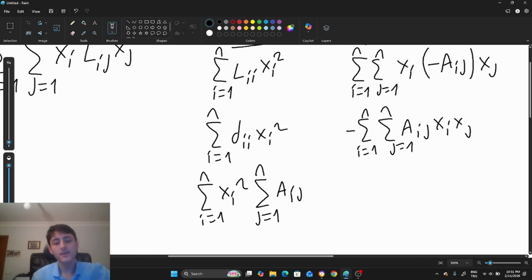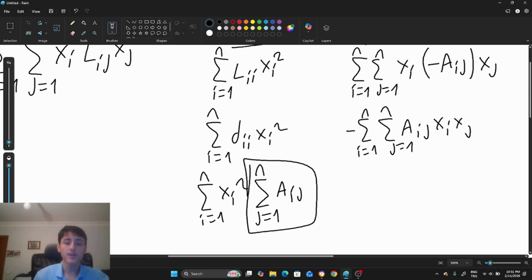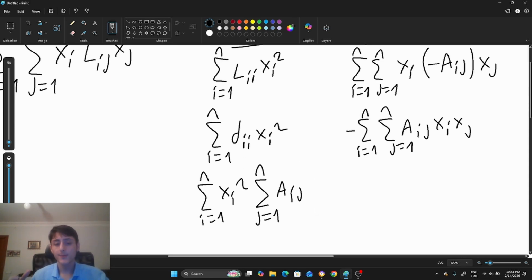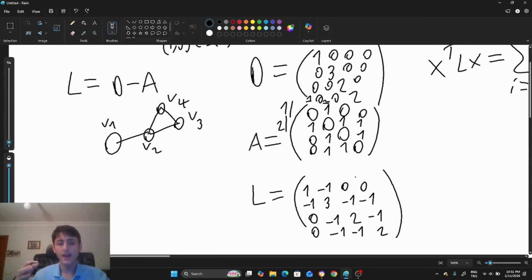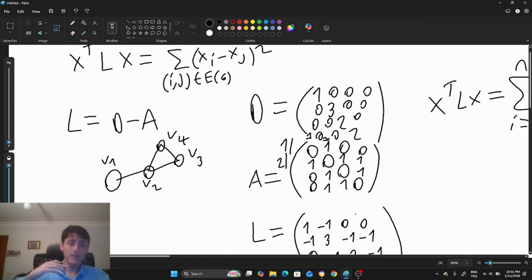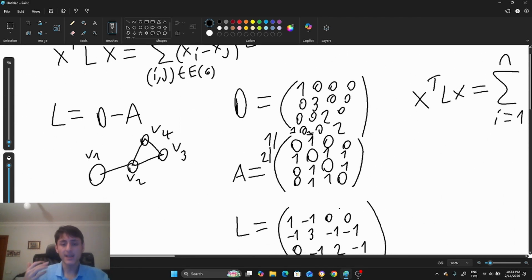Now what is this? Well, the only thing I did was to swap the degree matrix entry at the specific location with this summation. But how did I do that? Well, again, it is from definition, but not exactly.